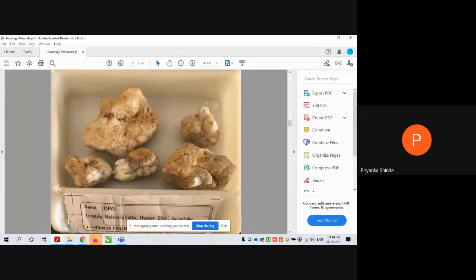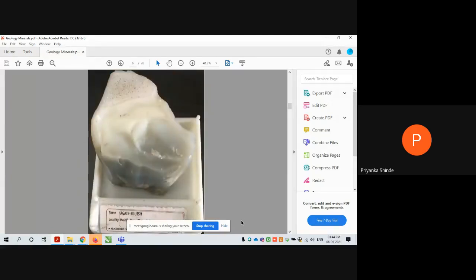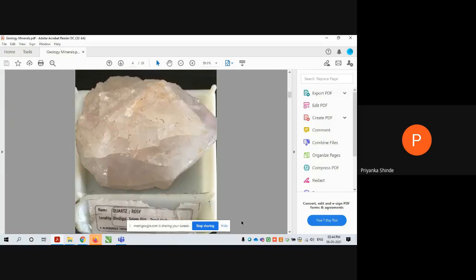Then finally the last property, that is uses. We must know where these quartz varieties are being used. The main use of all quartz is in the manufacturing of glass. Then you must have heard there is a watch company with the name Quartz, right?